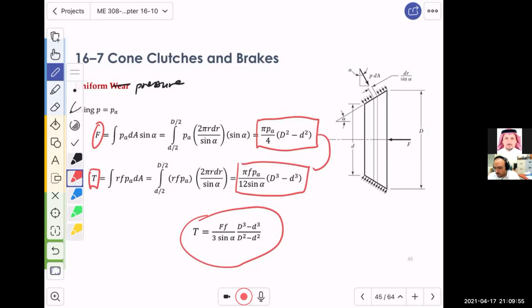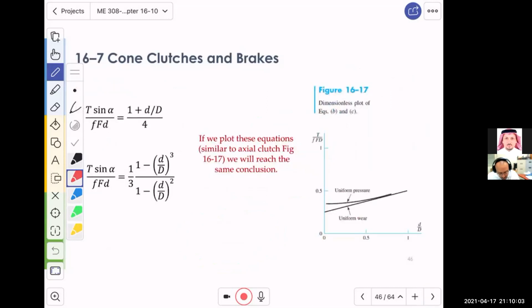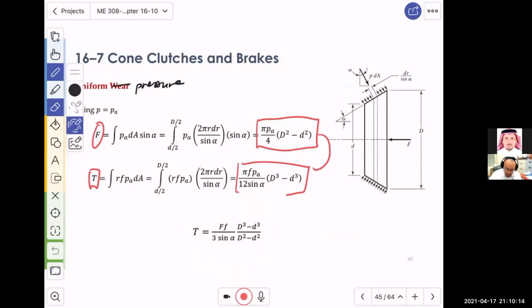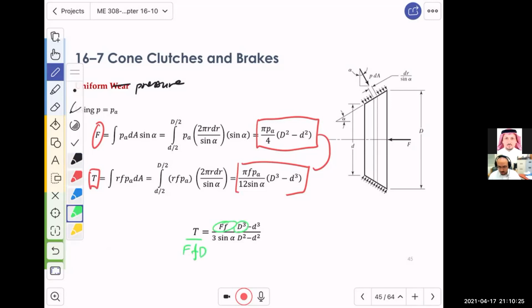And I think, if I'm not mistaken, this is where we ended. No, there is one little slide that I need to talk about. If you go back to this equation, let me highlight it again, take this, put it down, and take D as a common factor out of it.